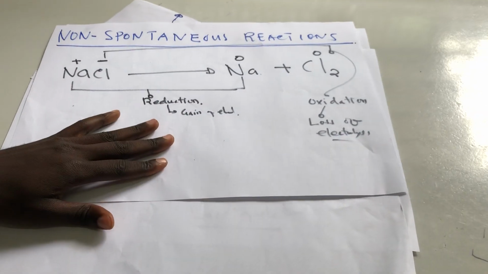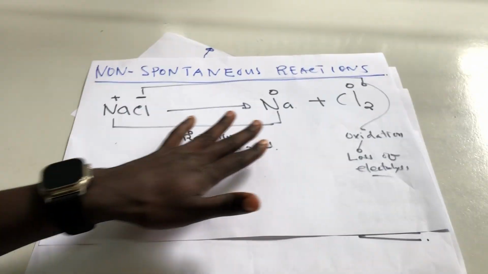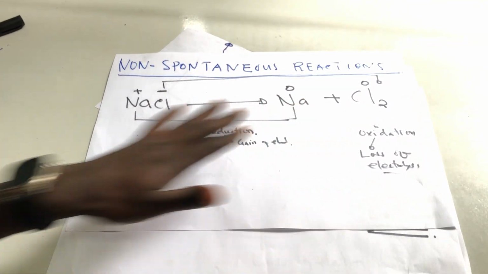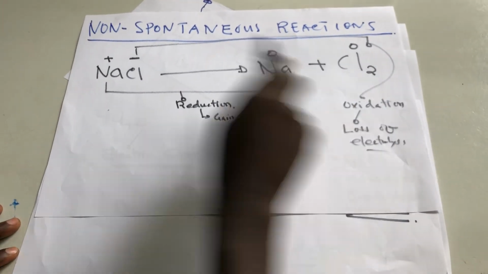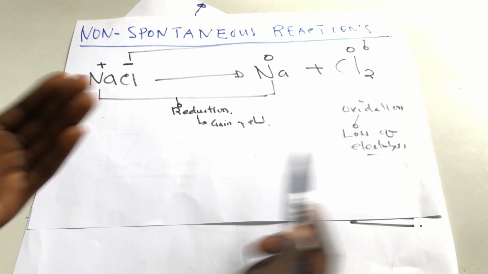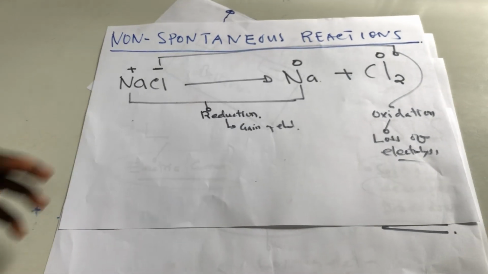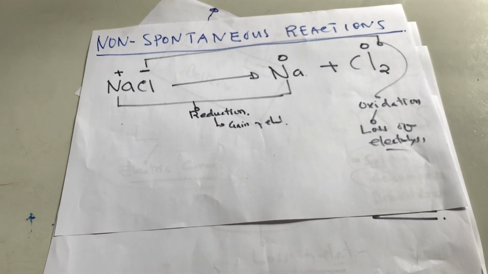This reaction, it is non-spontaneous reaction due to the difference in electronegativity. Sodium chloride lazima angeweza kugain electron, lakini haijafanyika hivyo. Kwa sasa ili uweze kuipindua hii reaction, you have to use some conditions such as electric current.